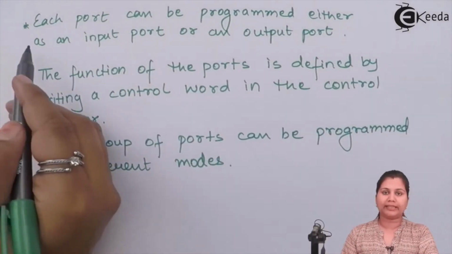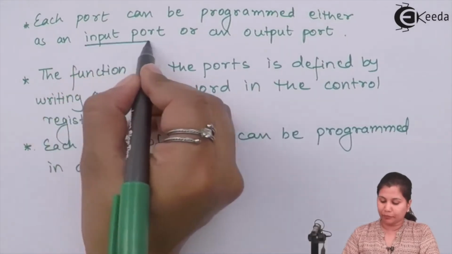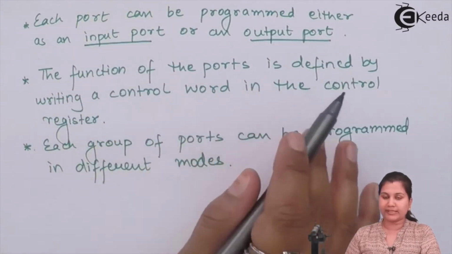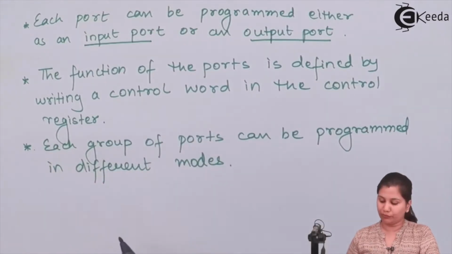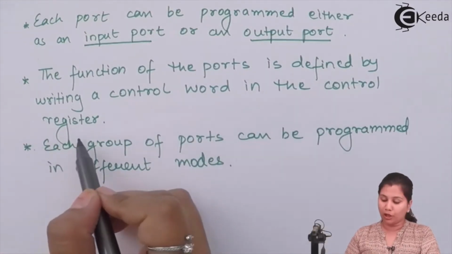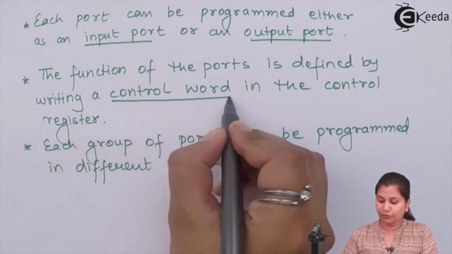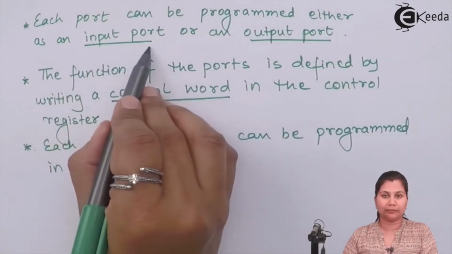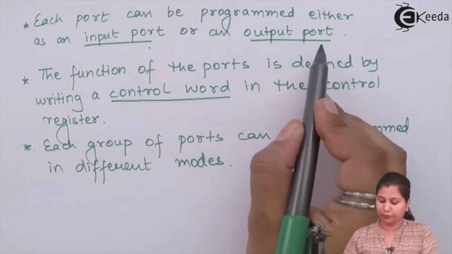So the function of the ports is defined by writing a control word in the control register. This control word is going to decide whether the port will act as an input port or an output port.